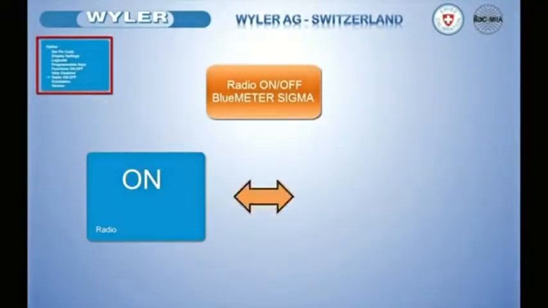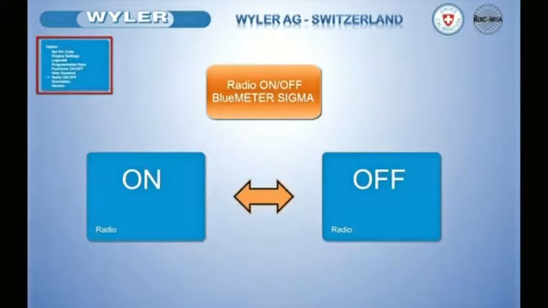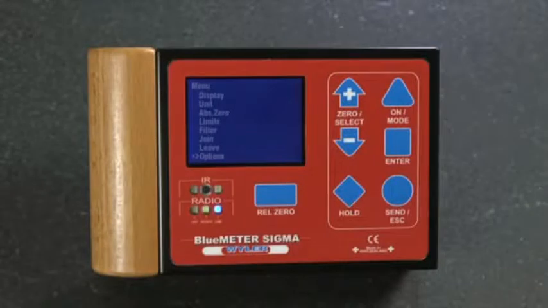The second one is radio on and off. Provided that the wireless transmission module is integrated, you can switch the wireless mode on and off with this function.